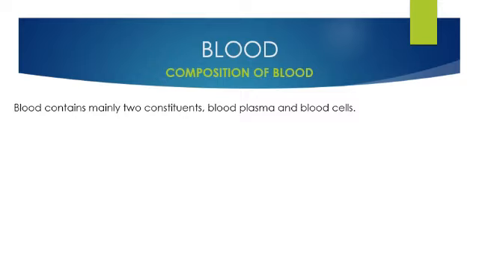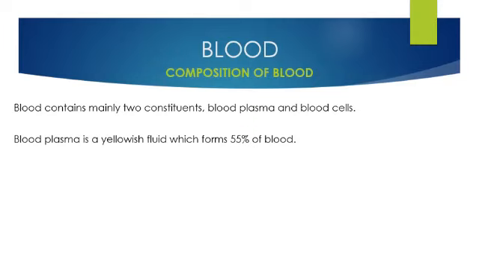The blood plasma is a yellowish fluid found in blood that makes up 55% of blood, while the blood cells are cells found in this blood which we'll look at later, and they make up the remaining part, which is obviously 45%, right? Yes, so blood plasma is a yellowish fluid which forms 55% of blood, and then the blood cells make up 45% of blood.